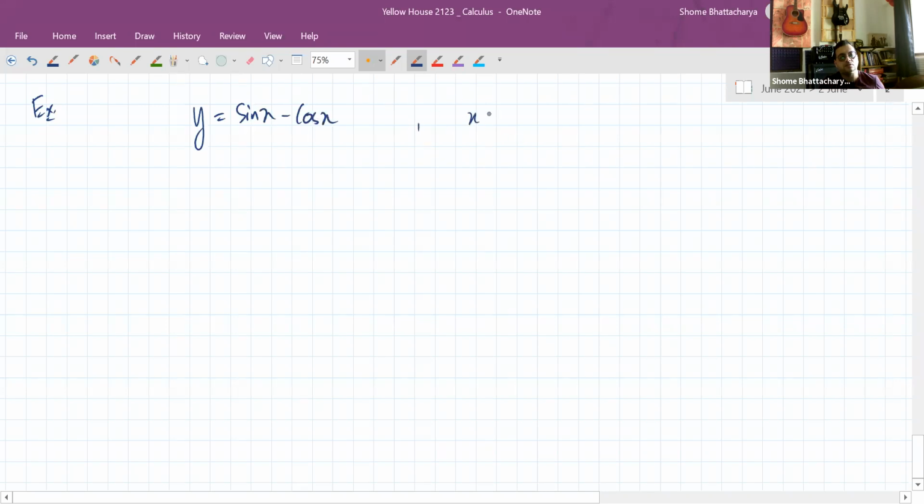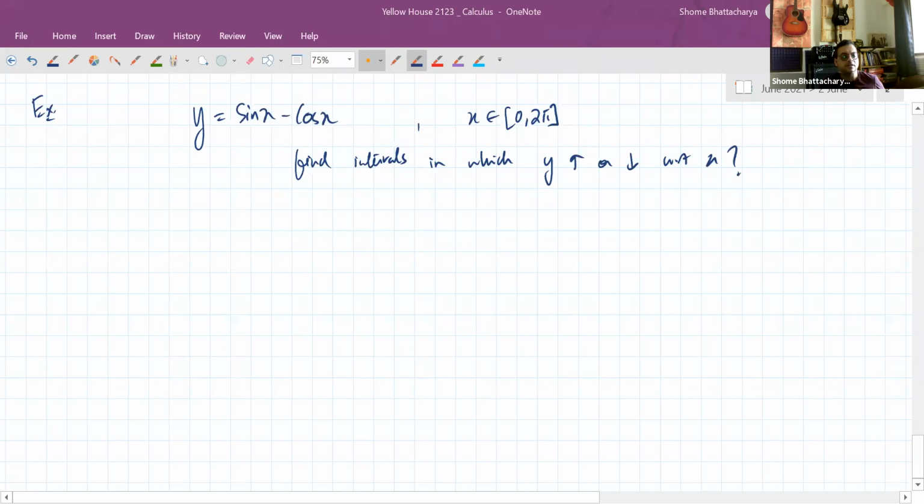For the interval x being from 0 to 2 pi. You want to find the intervals in which y increases or decreases with respect to x. So that was the question here.